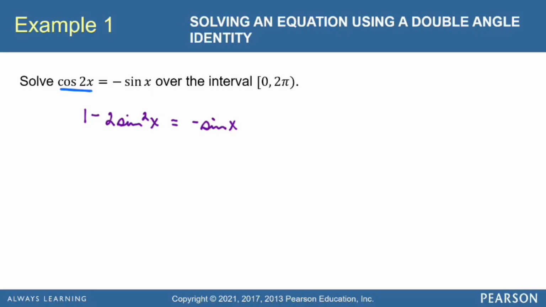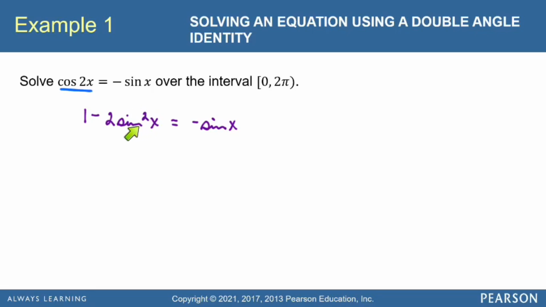And now we can see that we have 3 terms here. One of them is squared. That tells me that I'm probably going to end up factoring a trinomial. And so I'm going to want all of the terms on one side of the equal mark. And I think I mentioned before, whenever we're factoring with a squared term, it seems the most natural to have your squared term be positive.